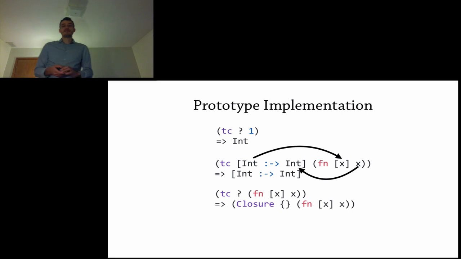Now things get interesting when we omit the expected type of the function. So, for example, here we're just checking a function without an expected type, and we get out immediately a symbolic closure, and it says that under the empty type environment, this function has code funxx, and there's no type checking here.